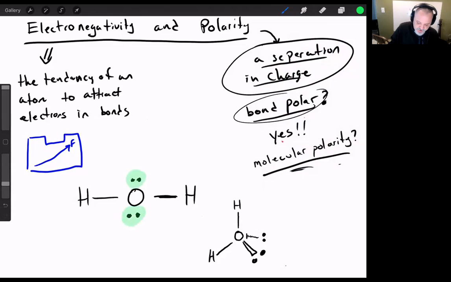Are the lone pairs the same as a bond to hydrogen? No, they're not the same. So yes, the molecule is polar.